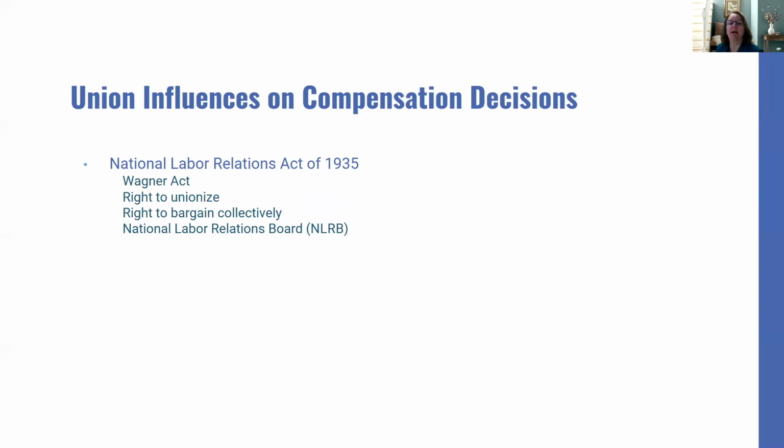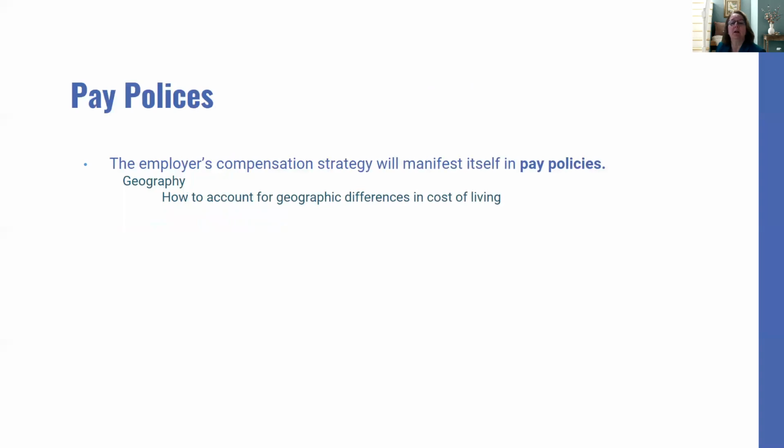Historically, the wage rate has been the main issue in collective bargaining, but unions also negotiate other pay related issues like time off with pay, income security, cost of living adjustments, health care benefits, and so on. The Wagner Act created the National Labor Relations Board to oversee employer practices and ensure that employees receive their rights. So the employer's compensation strategy will manifest itself in pay policies.